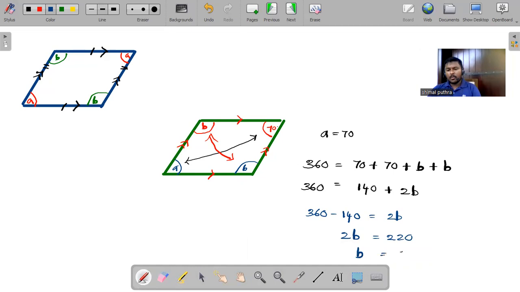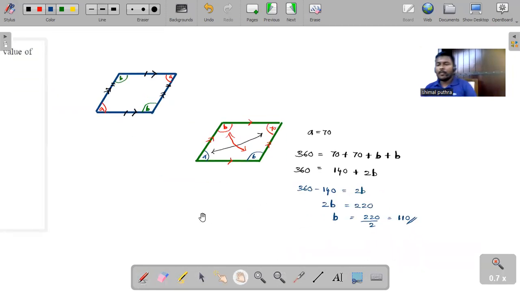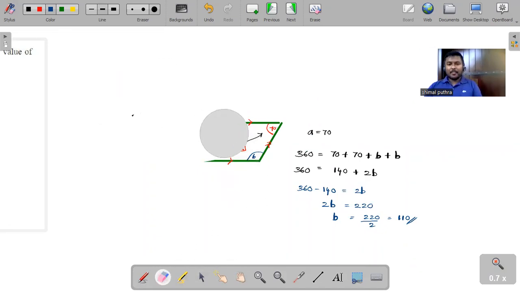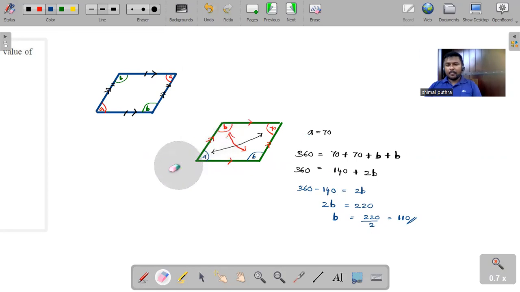So B should be equal to 220 over 2. So B should be equal to 110. That's how we found the answer. Please copy the answer, you can use the video to copy the answer.